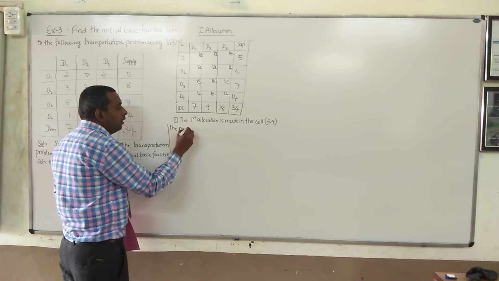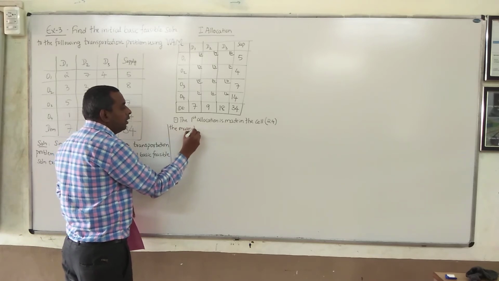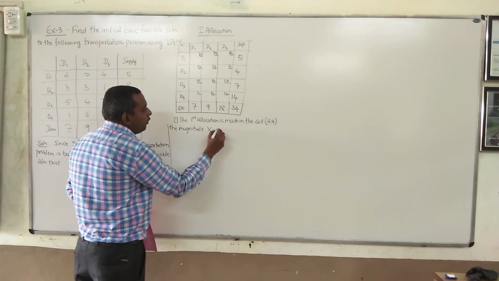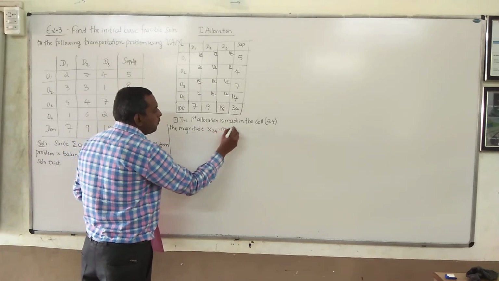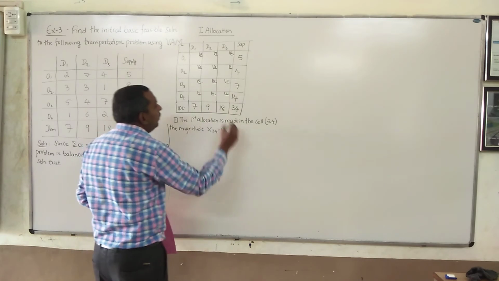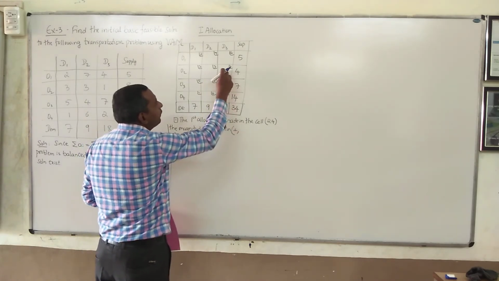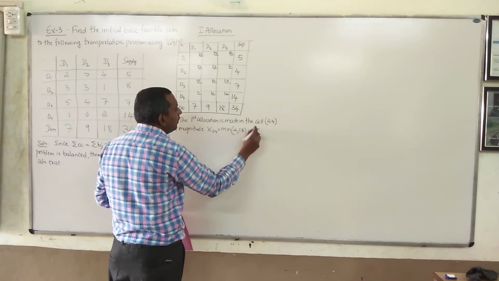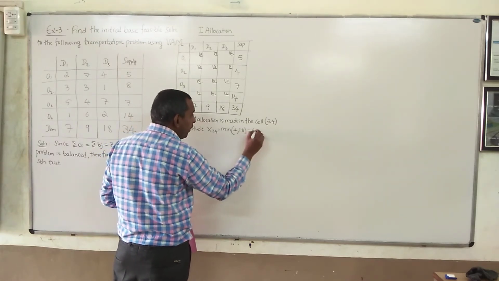The magnitude x24 is equal to the minimum of what? It is 4 and 18, that is 4.